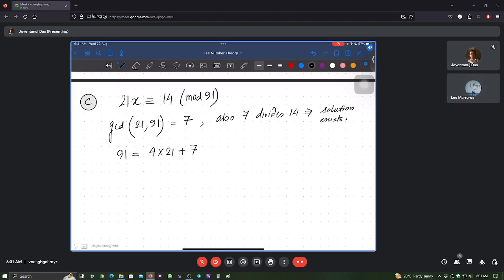Then it directly gives us the GCD. So 7 is nothing but 91 minus 4 times 21, right? Yes.